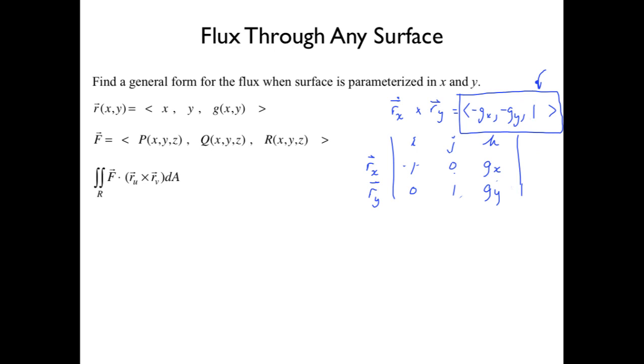It's the non-normalized version, but because these n vectors have a positive z component, that implies upward orientation.